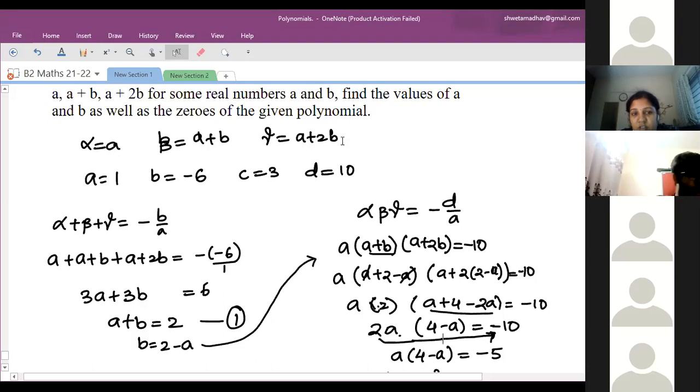Don't get confused with the values you already have. So alpha is 5. Then what is the B value you got? 2 minus 5 is minus 3. So A plus B is 2 and A plus 2B is minus 1. This way the 3 zeros you have to calculate.